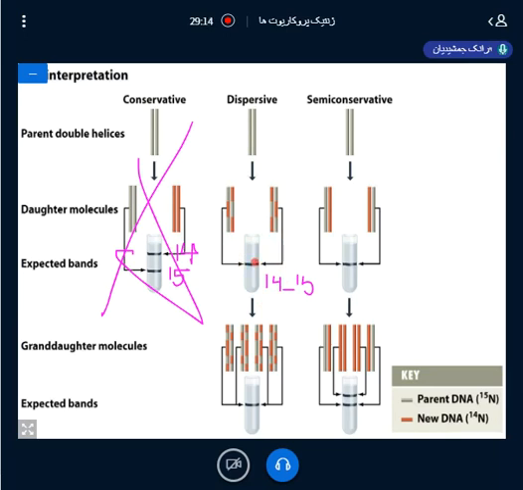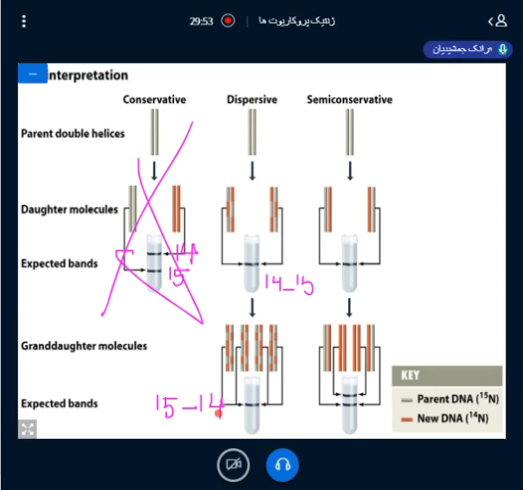But what happens in the second replication? Look at this. In the second cell division, we also have one part old, one part new, one part old, one part new. So how many bands should we see? Just one, a combination of 14 and 15, a combination of new and old.